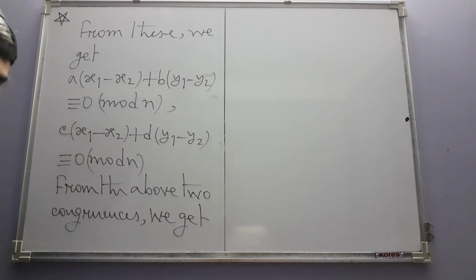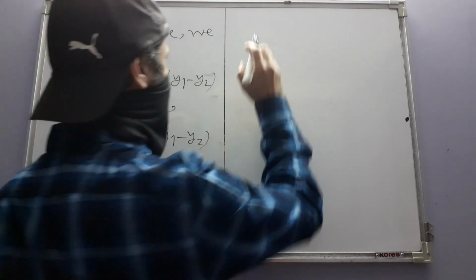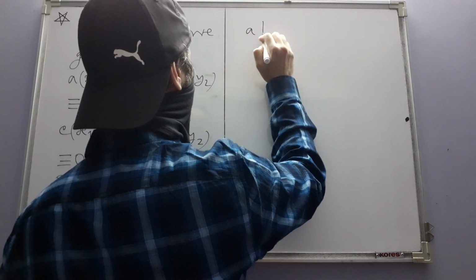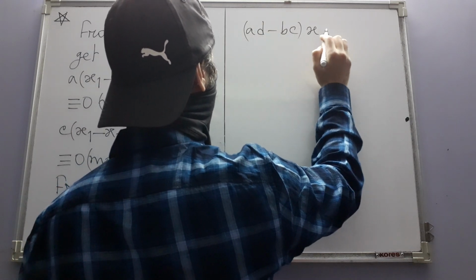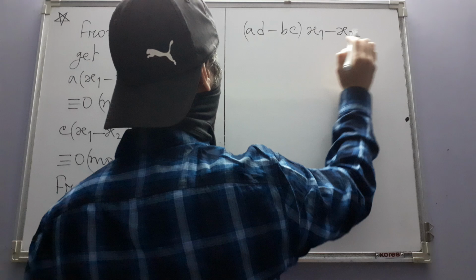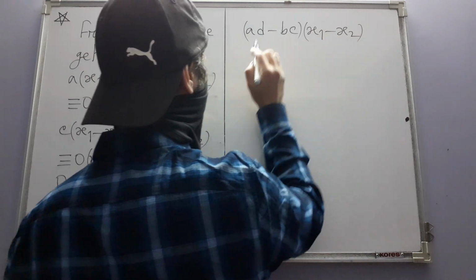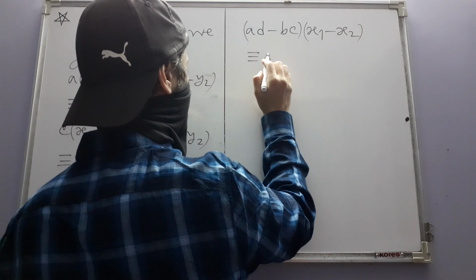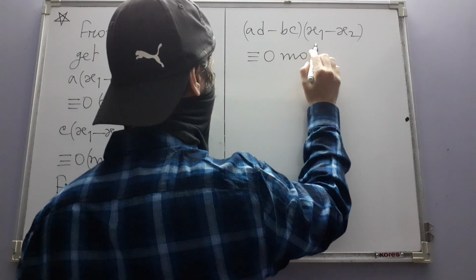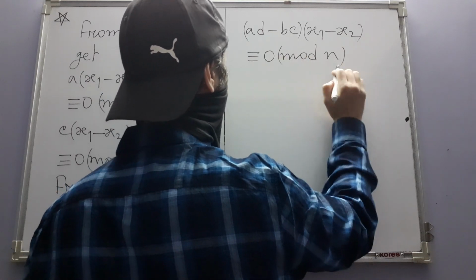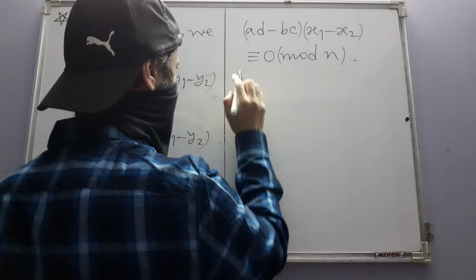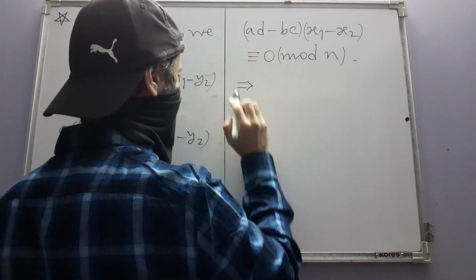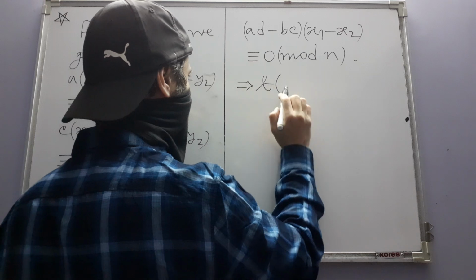x1 minus x2 will remain, but with this: (ad minus bc) times (x1 minus x2) will then be congruent to 0 mod n. And now you can almost guess what you should do next. Again, you multiply by that t.